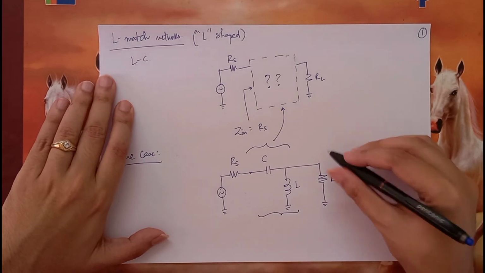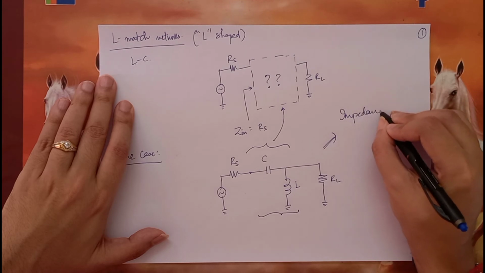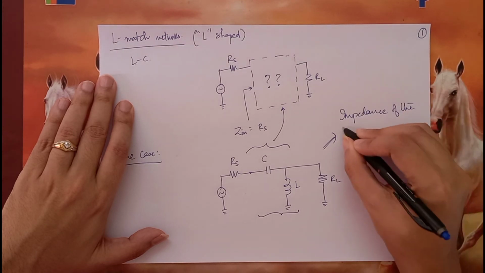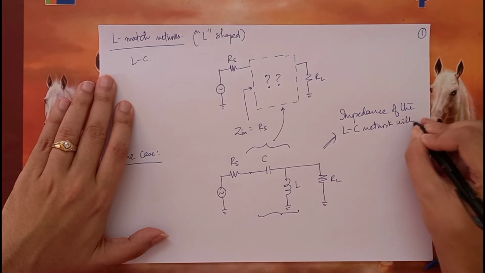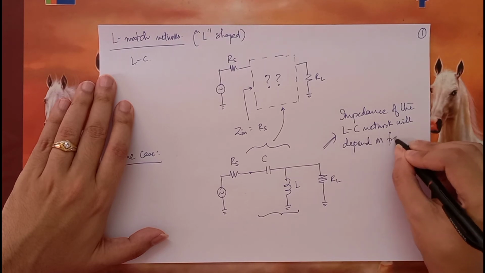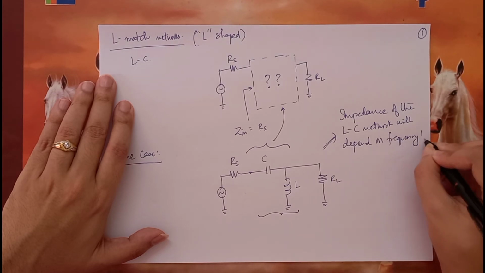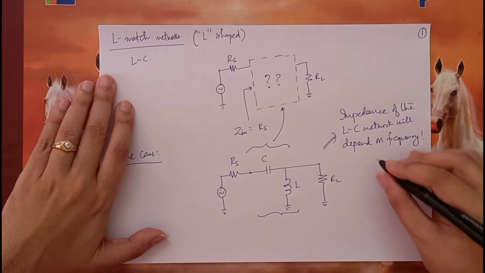That is for sure. But in spite of the fact that its impedance is a function of frequency, we can definitely try to have at least one frequency where we can do the matching.